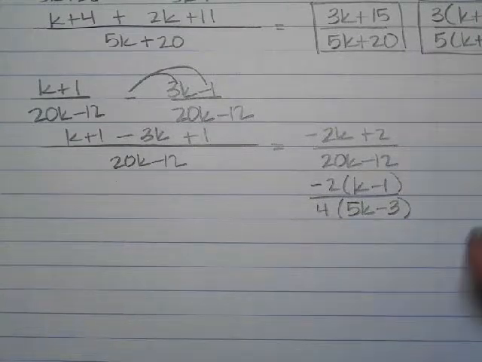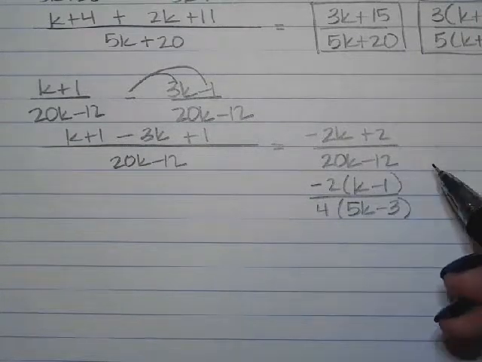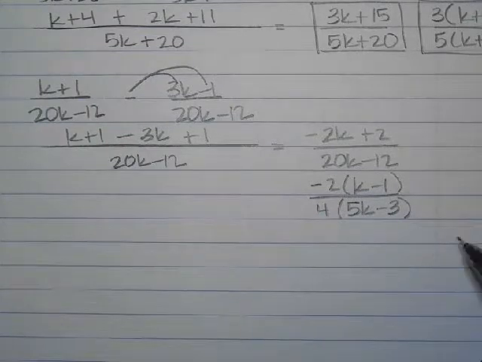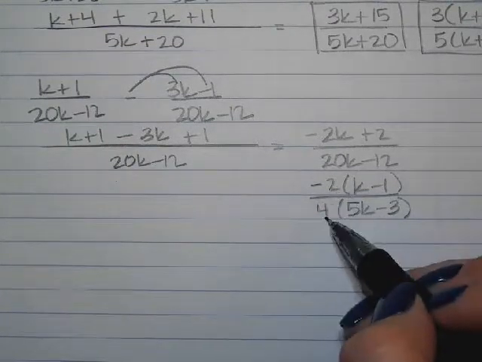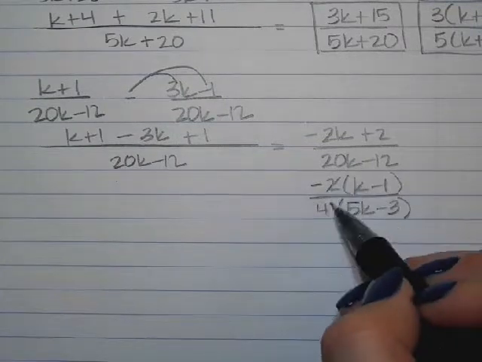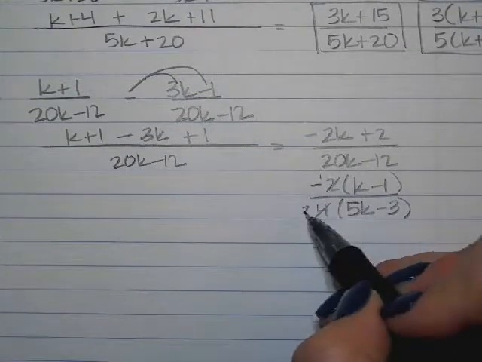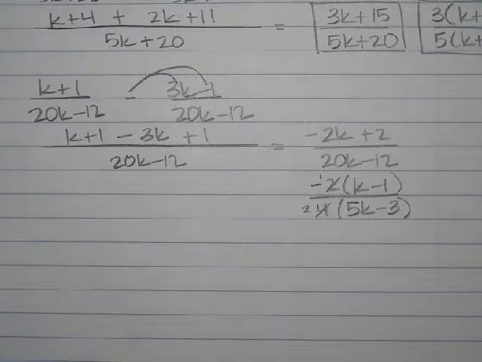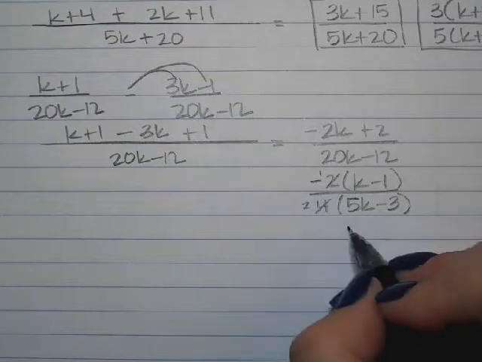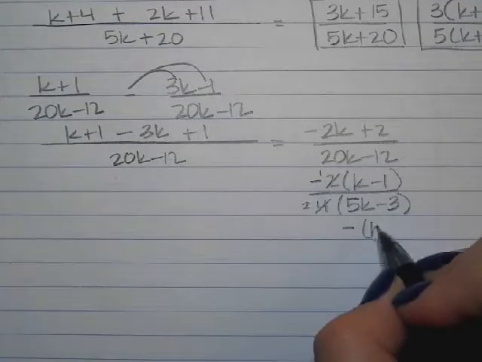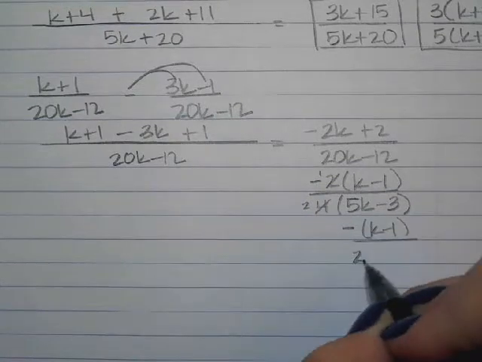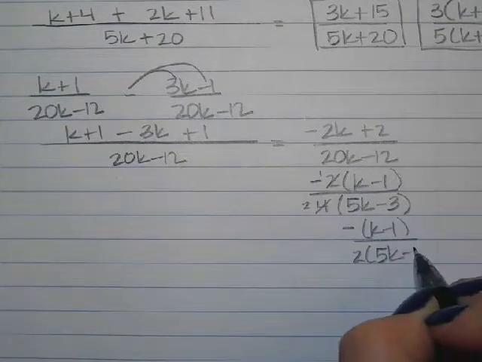And the GCFs in the front you can reduce. You can't reduce the fraction or the parentheses, right? Because they're not identical. So no reducing those. But we can reduce the numbers in the front. 1 over 2. So negative k minus 1, over 2 times 5k minus 3.